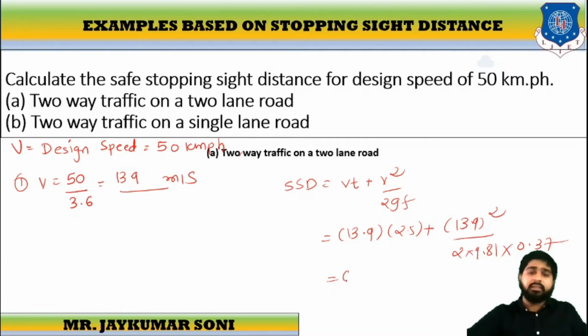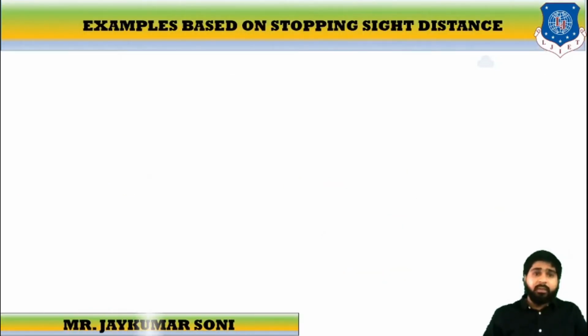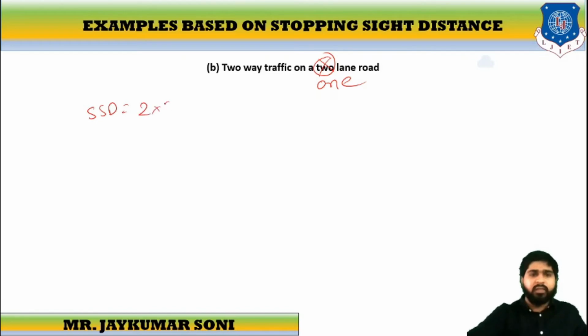It will be 61.39 meters. So this is when we are discussing two-way traffic on a two-lane road. But if we are talking about two-way traffic on a single lane road, one lane road, then the SSD will be twice the calculated SSD.